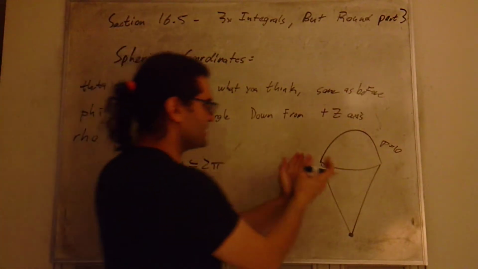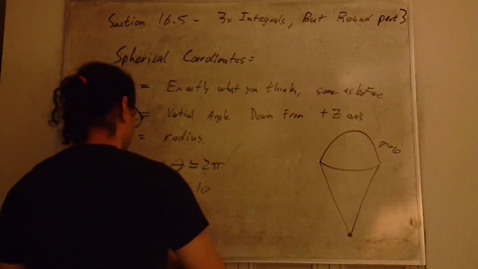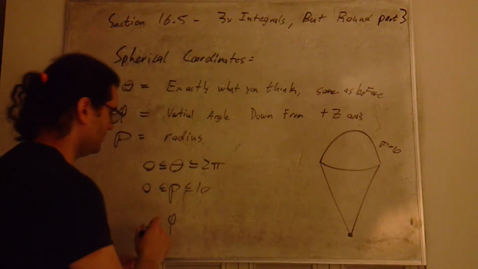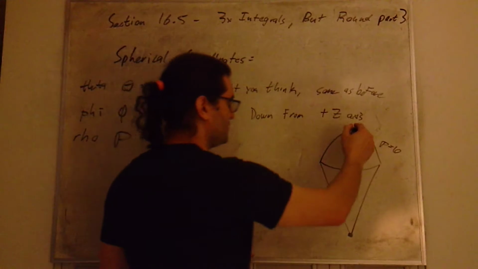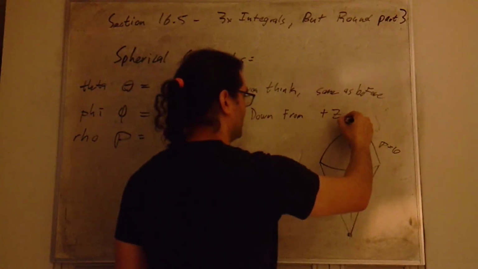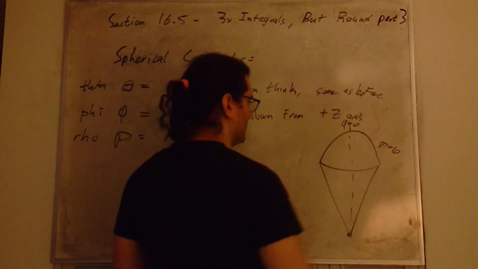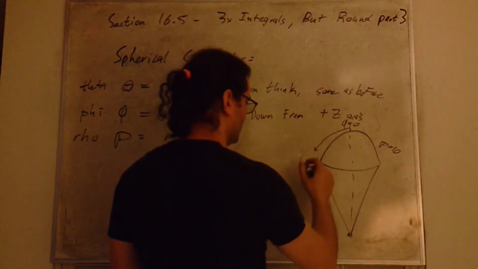And the way you get this ice cream cone shape is you just limit phi. Phi is going to start at 0. Phi equals 0 is straight verticality. And you only want phi to go out to here.